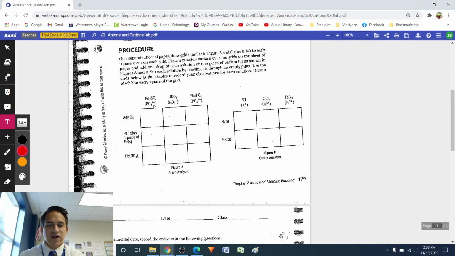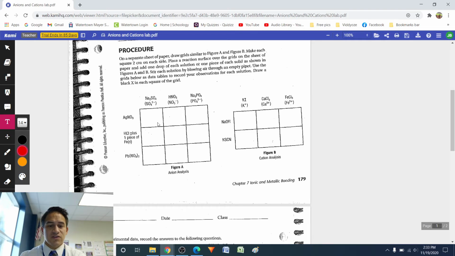So this is a sulfate ion, a nitrate ion, and a phosphate ion. And the question is basically asking, of these 3 solutions that we used, so silver nitrate, AgNO3, the hydrochloric acid with the iron, and the lead 2 nitrate, or the PbNO3, which ones gave you the best results or did something when you mix them together and gave you results, right?